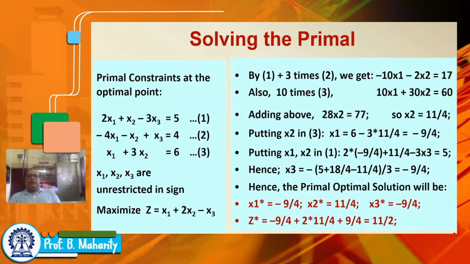By adding them, 28x2 should be 77, and therefore x2 equal to 11 by 4. And by substitutions, we can get x1 star equal to minus 9 by 4, x2 star equal to 11 by 4, x3 star equal to minus 9 by 4, and z star equal to 11 by 2.